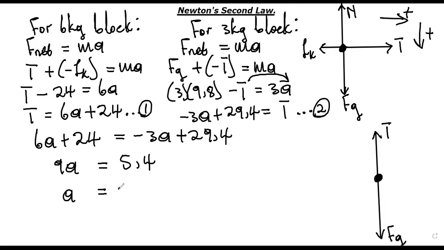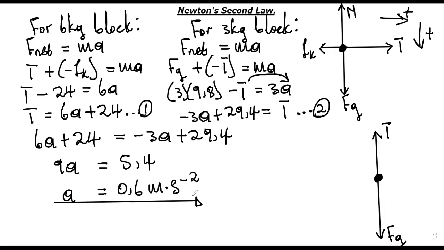So you find that the acceleration will be 0.6 meters per second squared. They only asked for the magnitude of the acceleration. If they said the direction, then you'll say downwards because the 3 kg block is moving downwards.